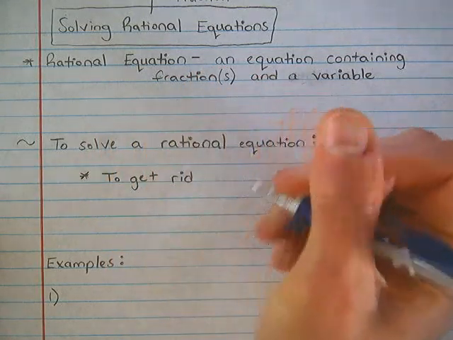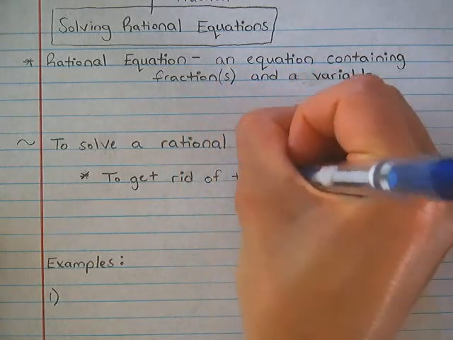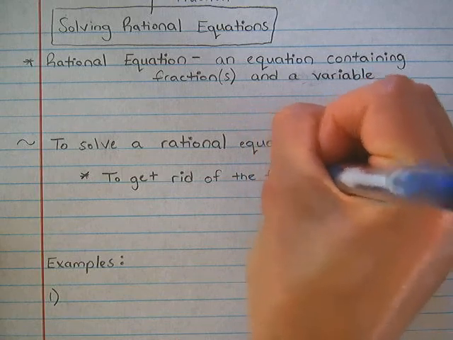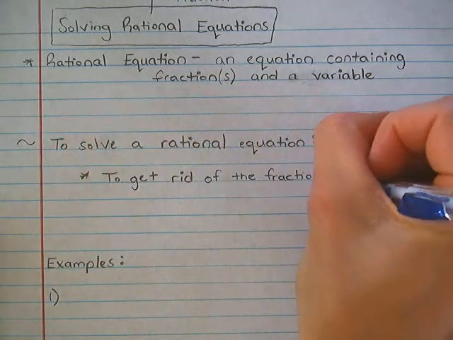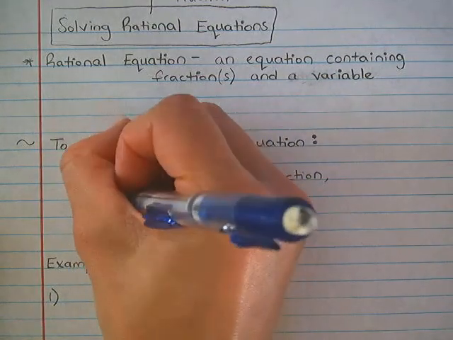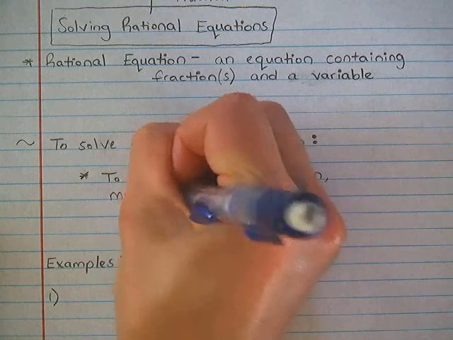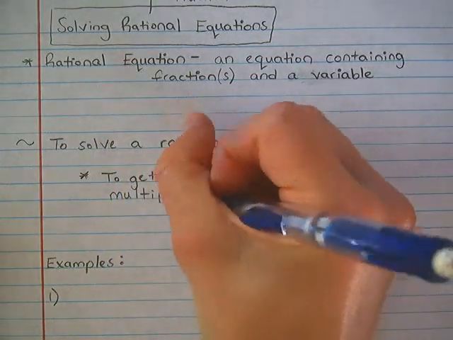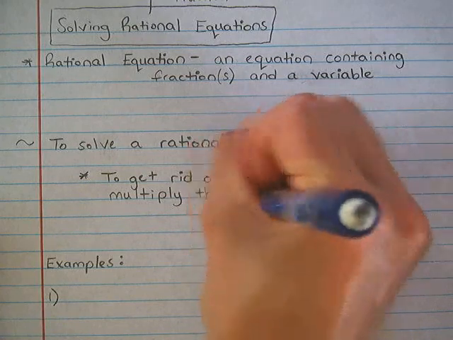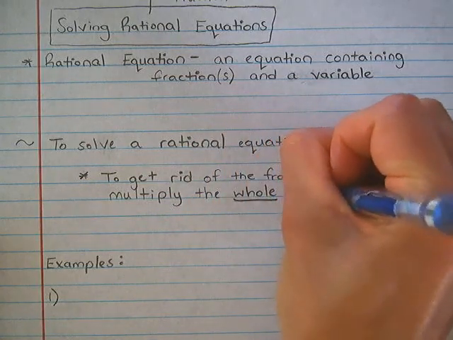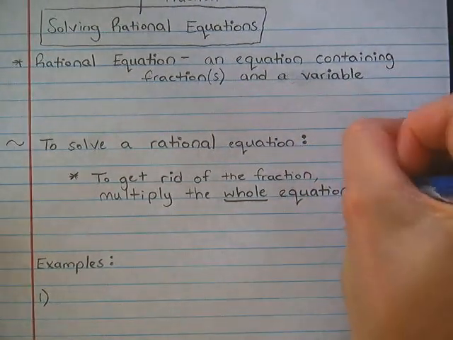To get rid of the fraction, or the fractions, because there could be more than one, what you're going to do is multiply the whole equation, both sides, everything that's in that equation, by what's called your LCD.